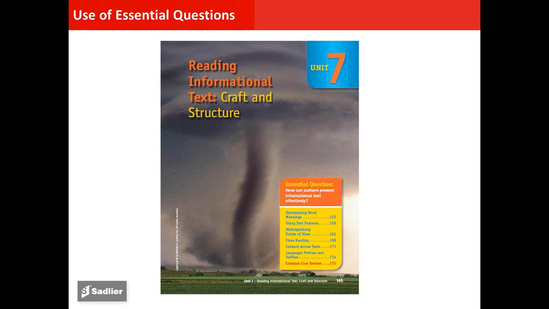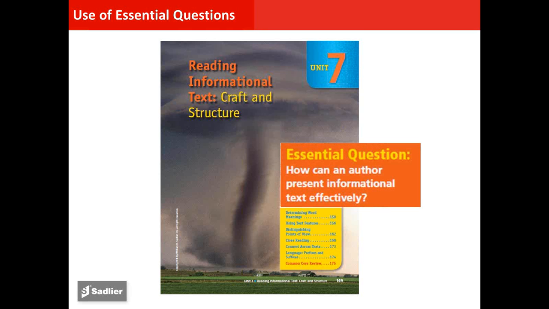To support student independence, teachers should also use essential questions that will assist students to focus on these larger concepts. This essential question at the beginning of the unit asks, how can authors present informational text effectively?